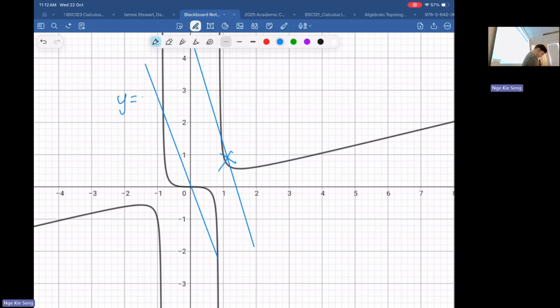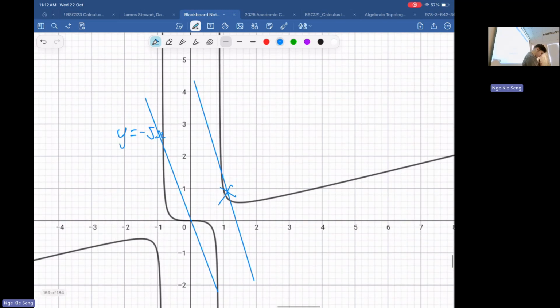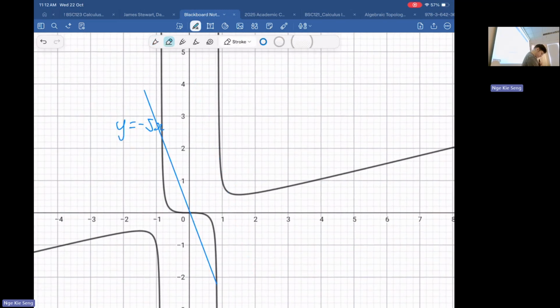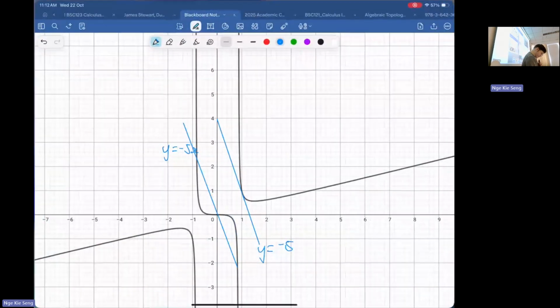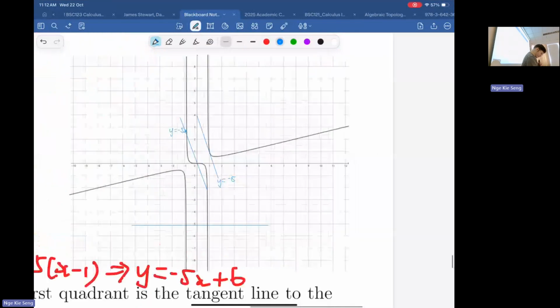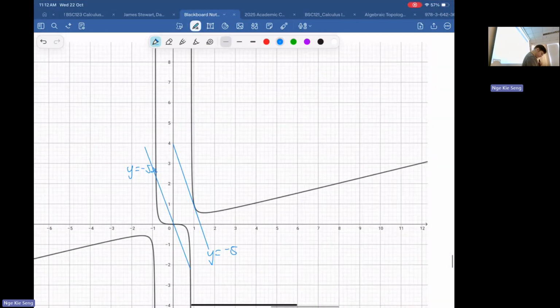Here is y equals -5x, and this line shifts a little bit, so your tangent line looks a bit like this. Where's your y-intercept again? Let me check. So, 6. Okay, good. No wonder it's not tangent enough.